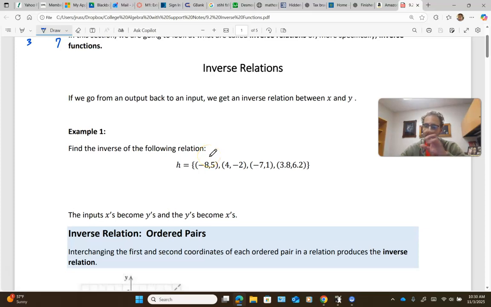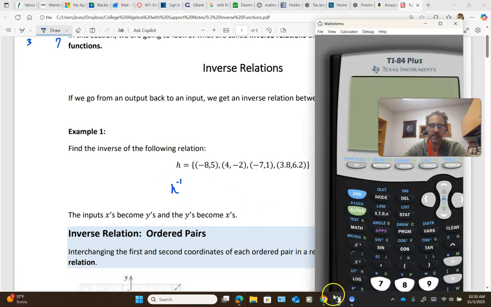Well, the x's and the y's are just going to trade roles, essentially. The inputs of h will become the outputs of h inverse. Alright, so this is how you denote the inverse of a relation or a function. You use this little -1. It looks like it's an exponent, but it's not. It's used to denote the inverse of h.